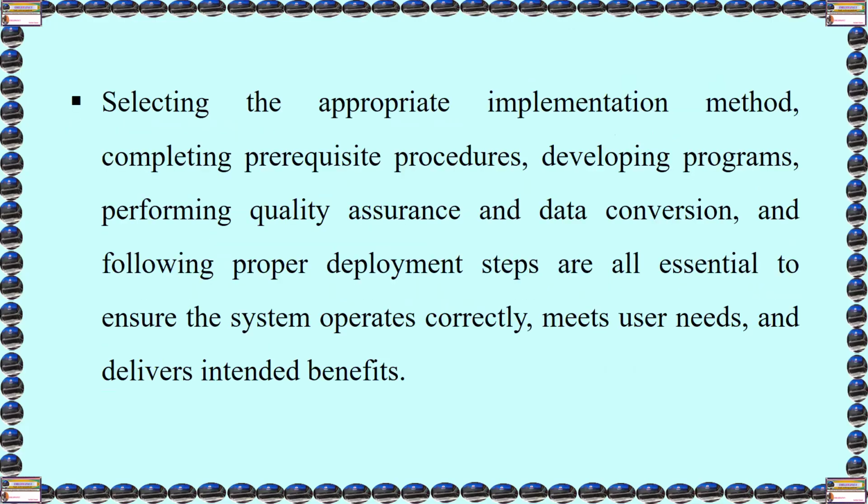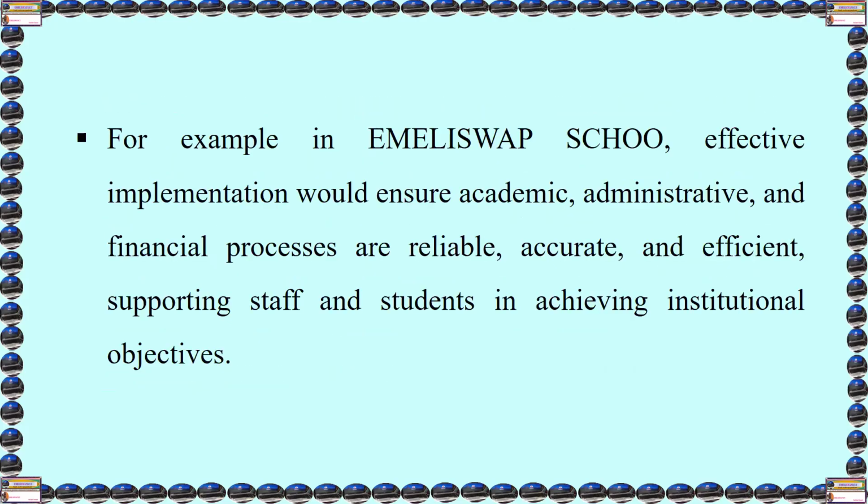Selecting the appropriate implementation method, completing prerequisite procedures, developing programs, performing quality assurance and data conversion, and following proper deployment steps are therefore all essential to ensure that the system operates correctly, meets the user needs, and delivers intended benefits. For example, in a school like ML Swap, effective implementation would ensure academic, administrative, and financial processes are reliable, accurate, and efficient, supporting staff and students in achieving institutional objectives.